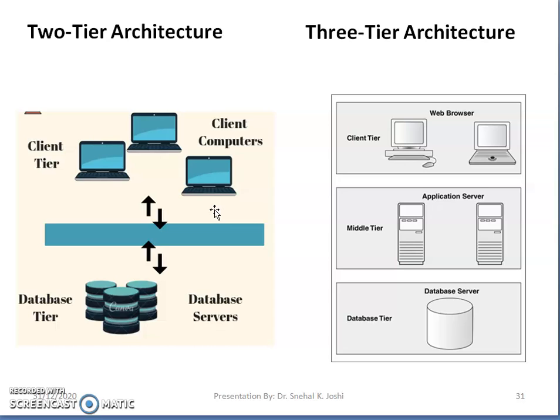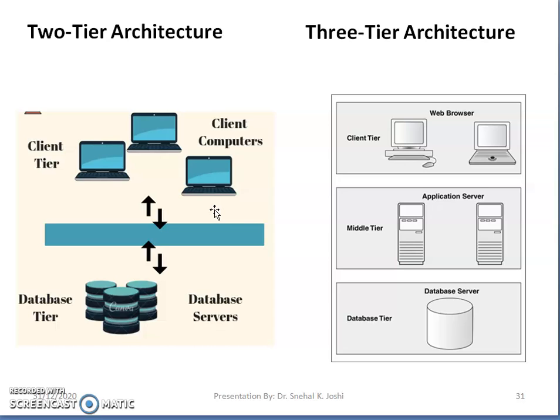The user interfaces and application programs are run on the client side. The server side is responsible for providing functionalities like query processing and transaction management. To communicate with the DBMS, the client-side application establishes a connection with the server side.